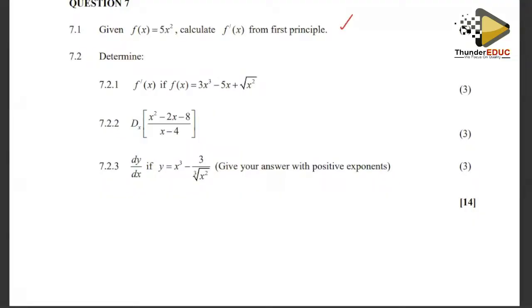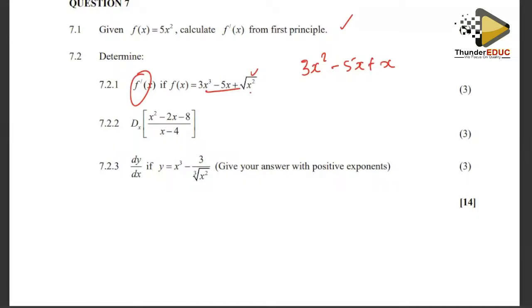Then determine the first derivative, f prime, of this. The only tricky part is just the square root, which is already taken care of, meaning that we have 3x squared minus 5x plus the square root of a square, which is just that same number, because we know that square root is the same as exponent a half.